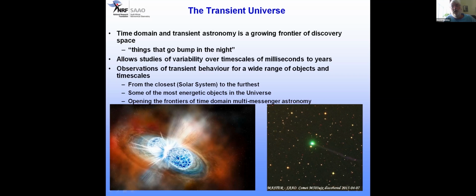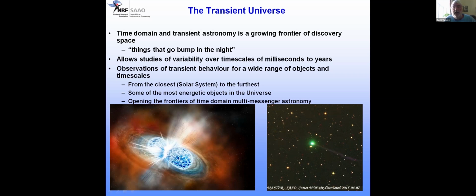They cover a huge range of different types of objects, from the nearest solar system objects, for example, like comets and asteroids, to the most distant objects, the most energetic objects in the universe. And these two little pictures here show on the left the artist's impression of the merging neutron star kilonova that produced the first optical or electromagnetic counterpart of the gravitational wave source, GW 170817.